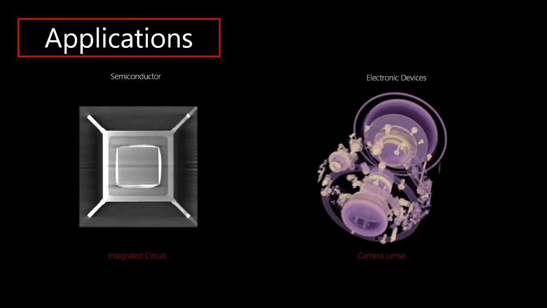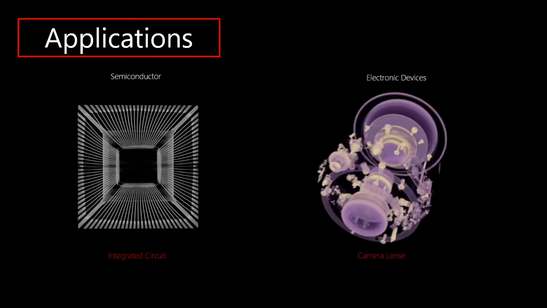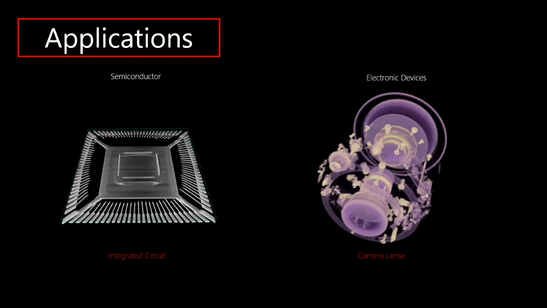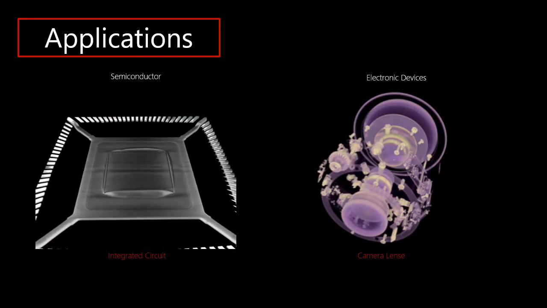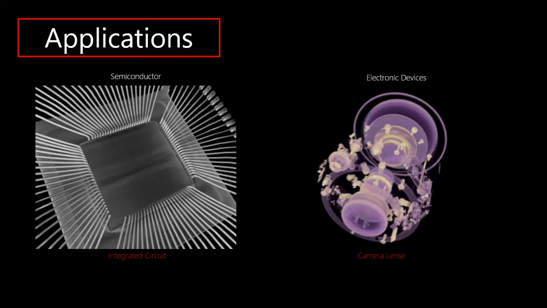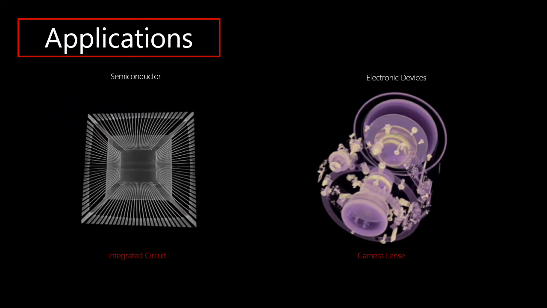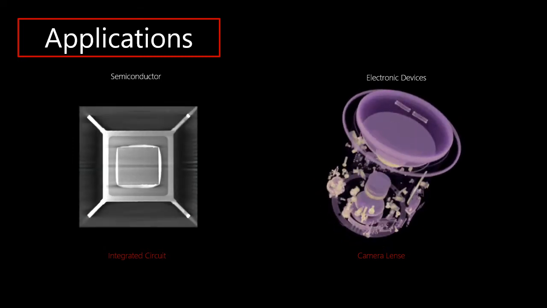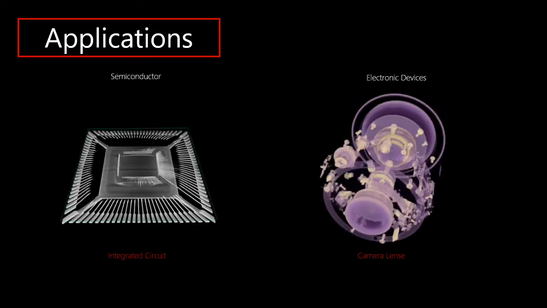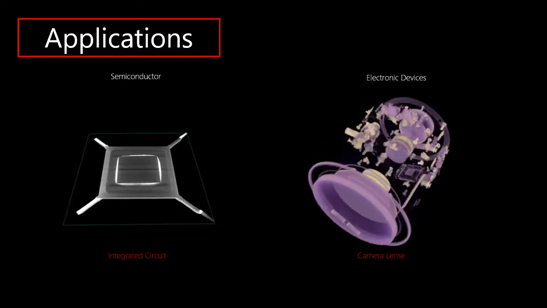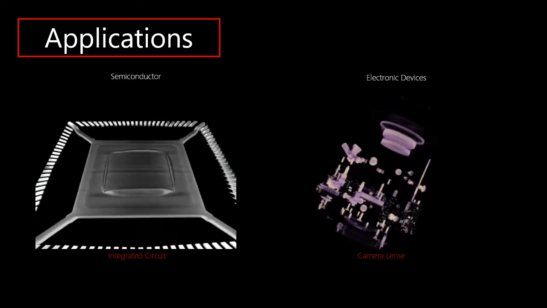So, learning from DR or digital radiography and CT or computed tomography, here are some applications that we did. For the semiconductor, this is an example of an integrated circuit. Next is an electronic device, for example this camera lens.